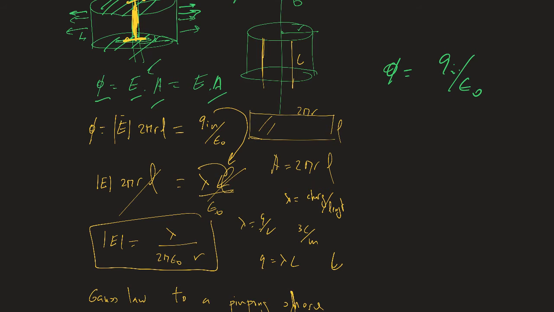So I will put the value of the charge inside, that will be the density of charge, let's say 3 coulombs per meter, by the height of the cylinder, let's say 3 meters. So 3 coulombs per meter by 3 meters will be a charge of 9 coulombs.